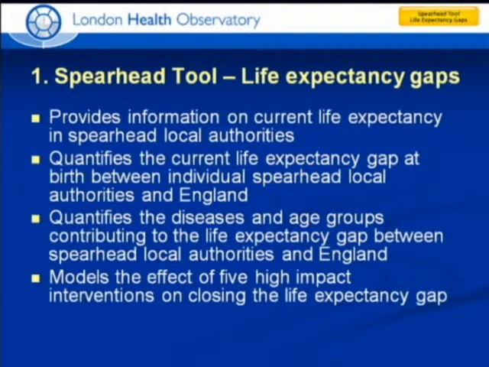It quantifies the diseases and age groups that are contributing to the life expectancy gap in their area. And it models the effect of 5 high-impact interventions on closing the life expectancy gap. So I'll just go through some examples of those things.